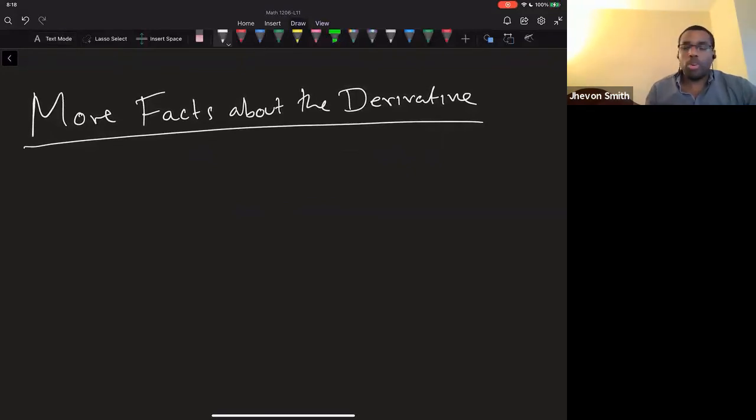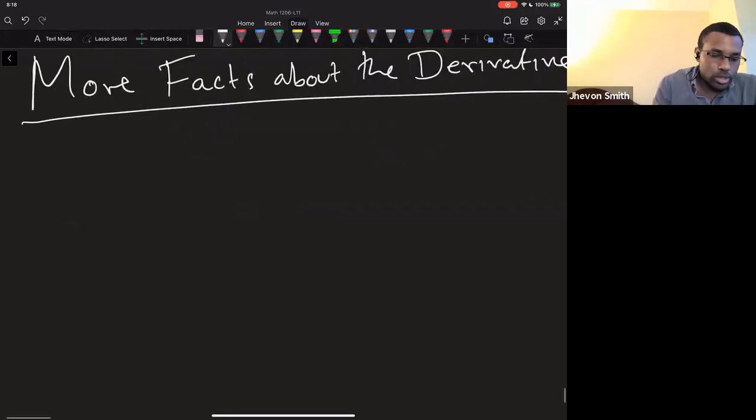Okay, so here are some more facts about the derivative. This thing we know and love, the thing that helps us to solve the rate problem. So back to interpretations.